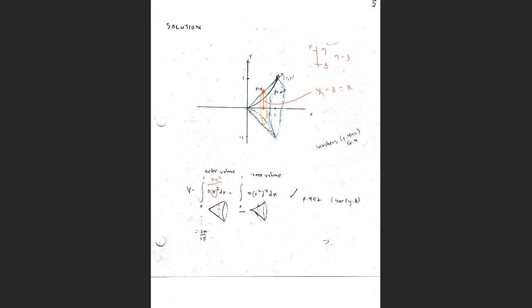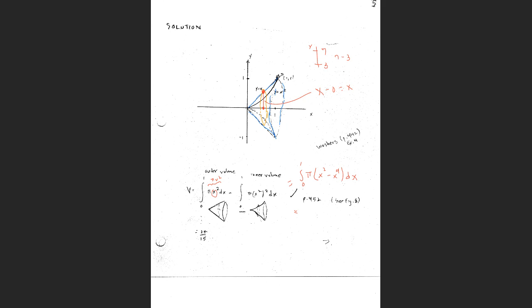So the outer volume minus the inner volume, well, if we wanted to write this integral in a nicer way, we could. We could write this as the integral from 0 to 1 of pi times x squared minus x to the 4th dx. That would be fine.